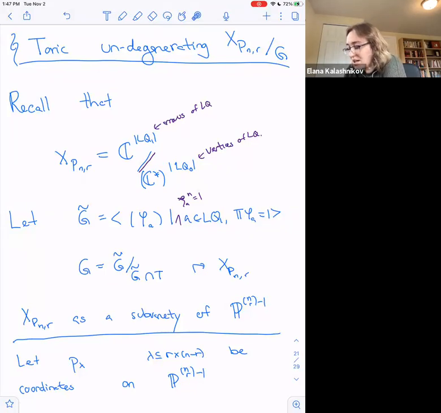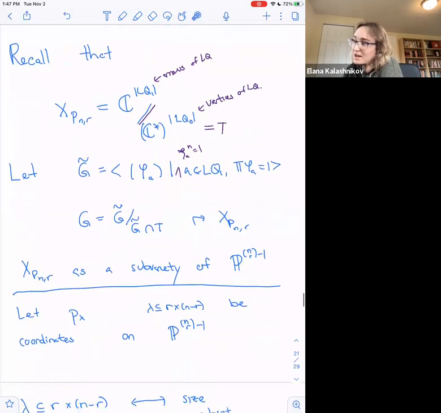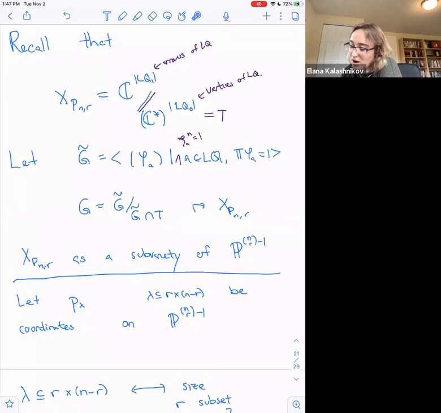And then the group G is just going to be G tilde modulo a subgroup where you take the intersection of the G tilde action on this space here and the action of this particular torus here as well. And that's going to act on the toric variety. So that's what XPNR mod G is. And to understand it, we need to understand how XPNR was obtained as a toric degeneration itself.